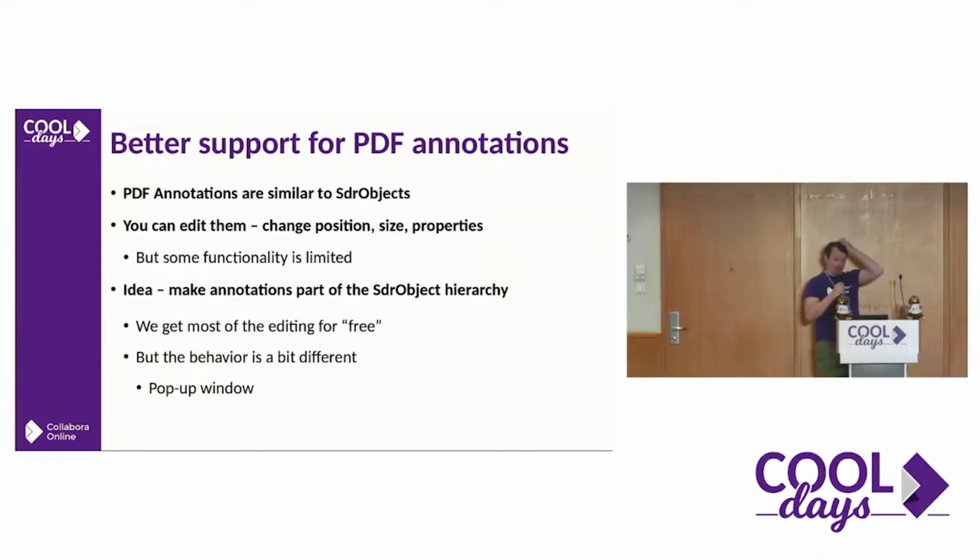This gives us editing possibilities, like changing the position, size and properties, more or less for free. The change we need is that SdrObjects can have a different behavior. When you click on the objects, a pop-up window should appear where you can edit the content of the annotation itself.